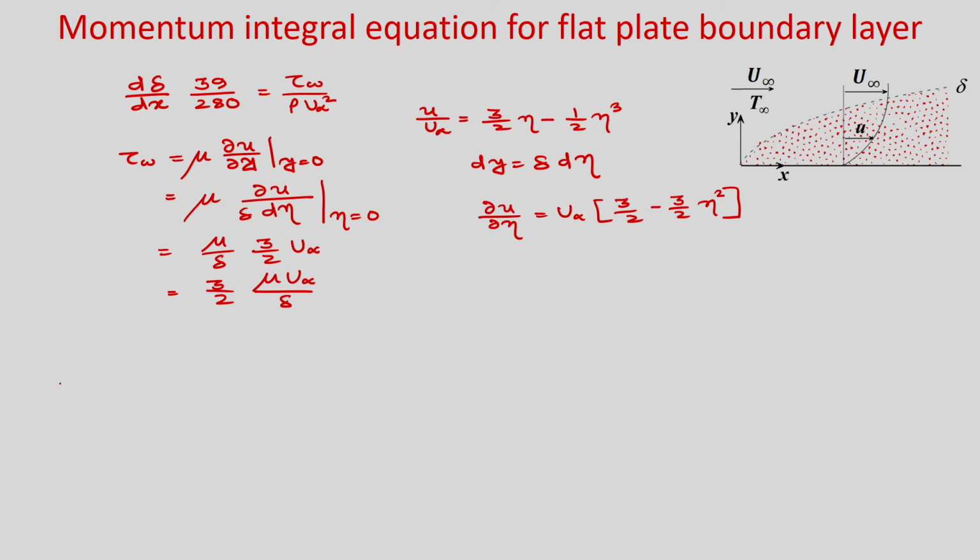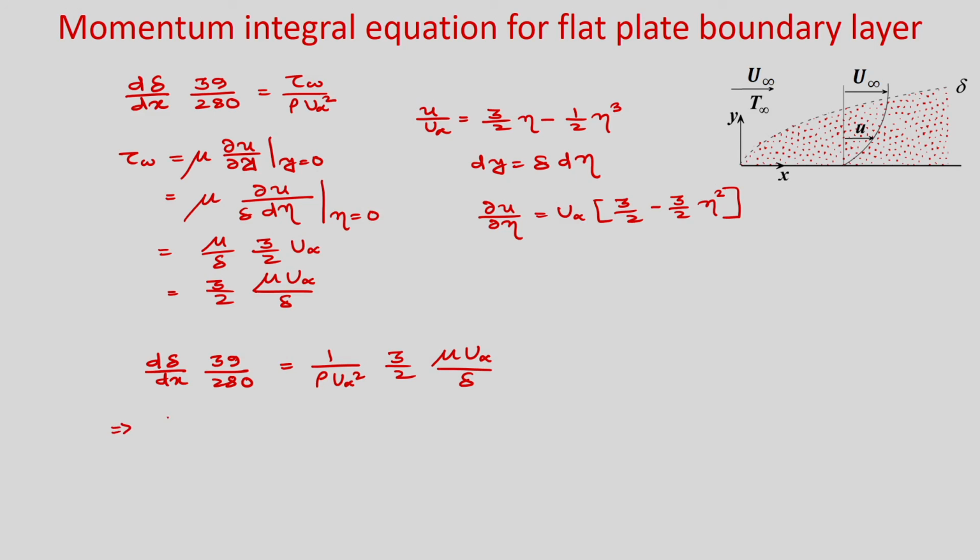So, now if you put tau w here, you can write d delta by dx times 39 by 280 is equal to, now tau w you are putting, so 1 by rho u infinity square and tau w is 3 by 2 mu u infinity by delta, okay.